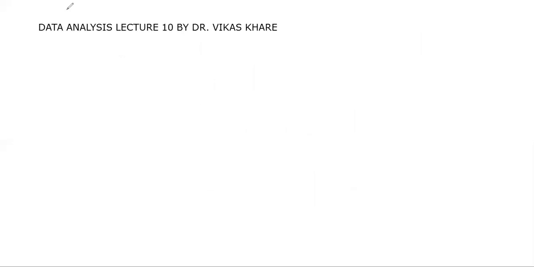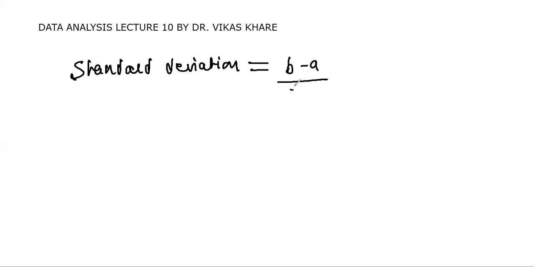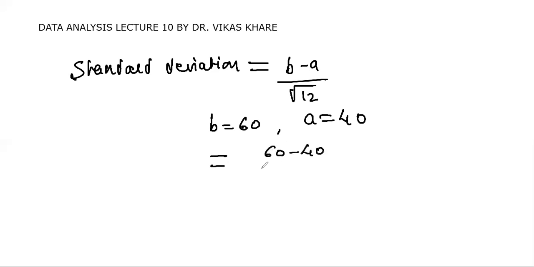Then for the standard deviation, the formula is b minus a divided by root 12, where b is 60 and a is 40. Putting the values in the formula, 60 minus 40 divided by root 12 is equal to 5.77.